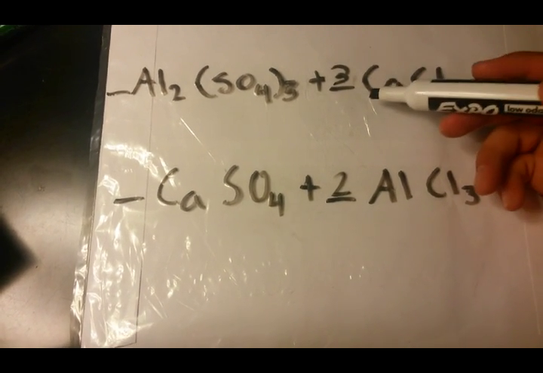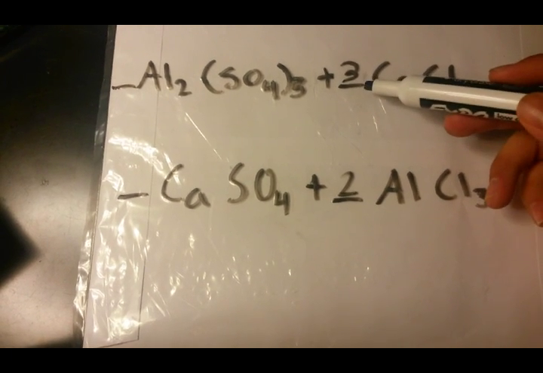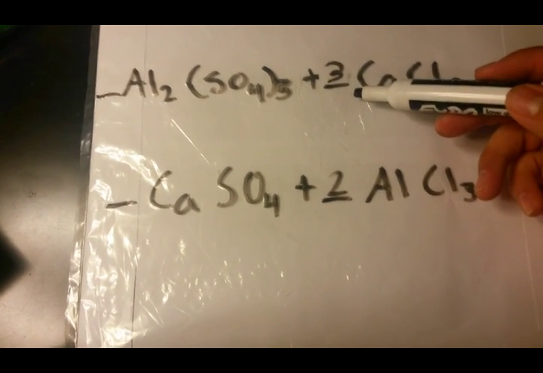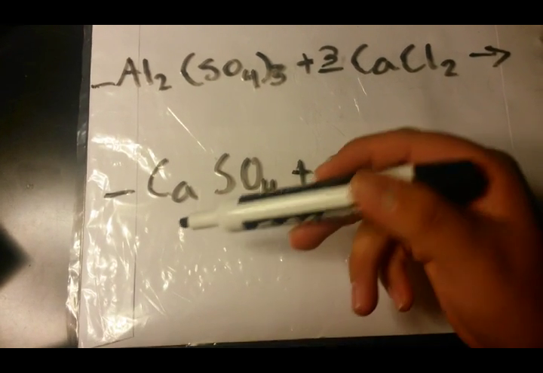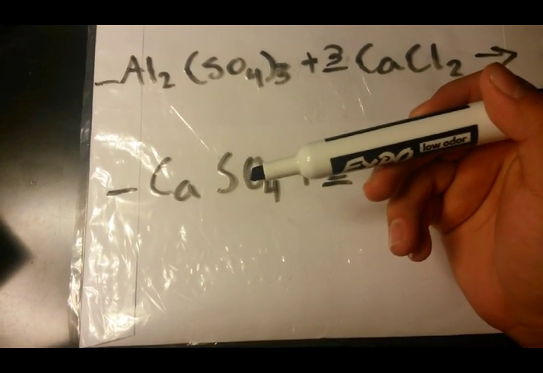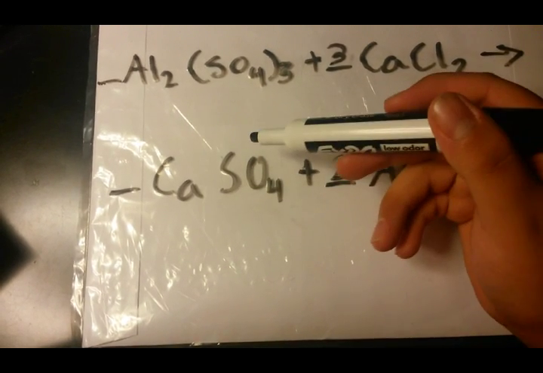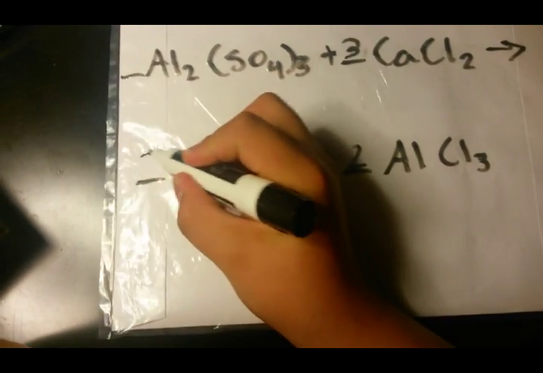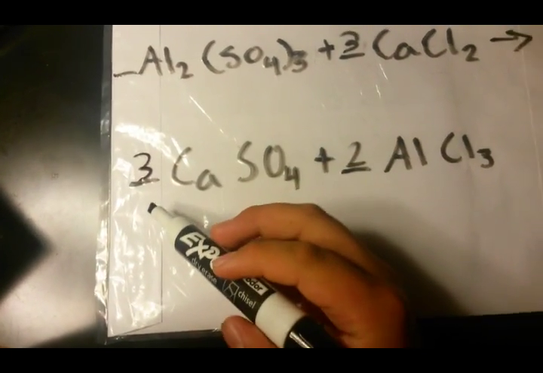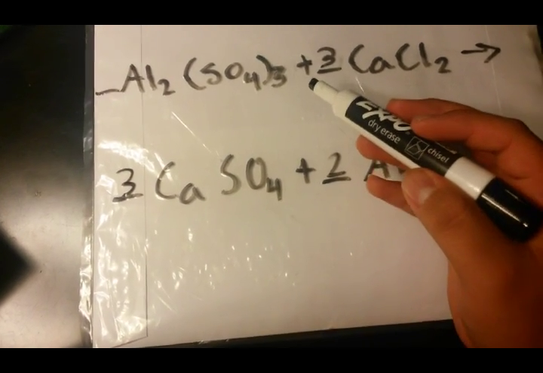Now we take a look at the calcium element. We have 3 calcium elements on one side. On the other side we only have 1. So like the other two, all we had to do is even it out. By doing that, all you have to do is add 3, and now you have 3 calcium and 3 calcium.